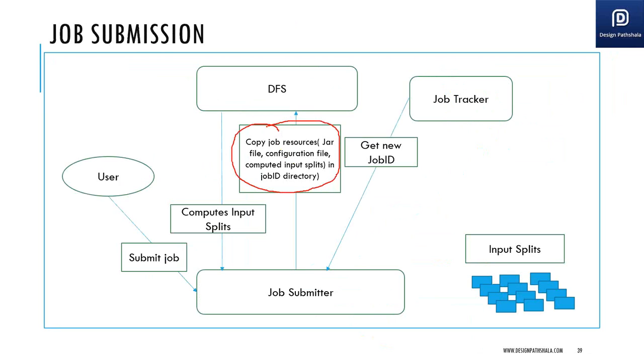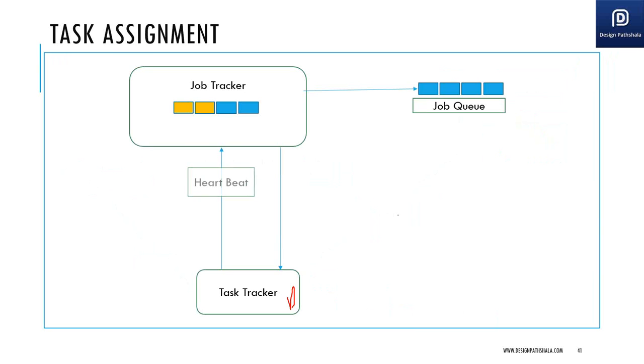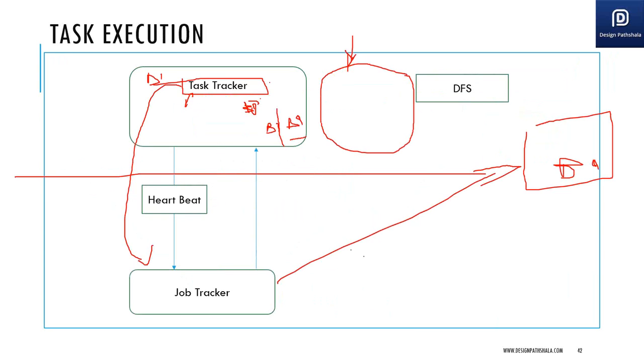So this logic which I copy onto the HDFS file system is replicated by default 10 times rather than 3 times. The replication factor of data is 3. However, the replication factor of this logic which I've copied into HDFS is 10. Any guesses? No one guesses? No guesses?